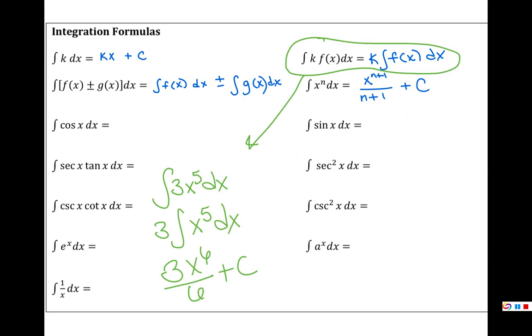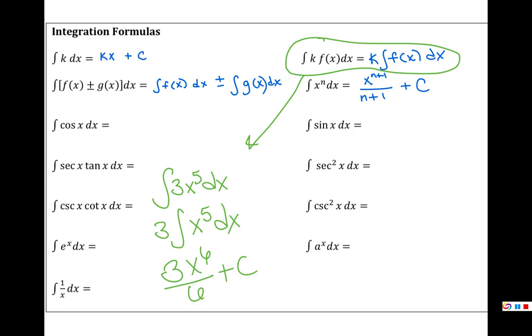All right, finally, this property, antiderivative of k f of x dx, is saying if you have a constant times a function, you can actually pull that constant out front. So for example, if I had 3x to the fifth, the 3 is actually going to stay there, or you can pull it out front, and then just use the formula we learned on the x to the fifth.